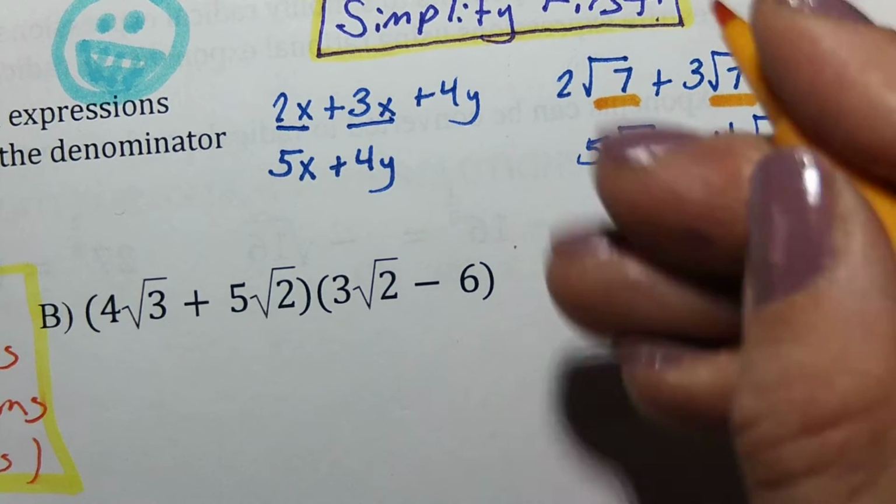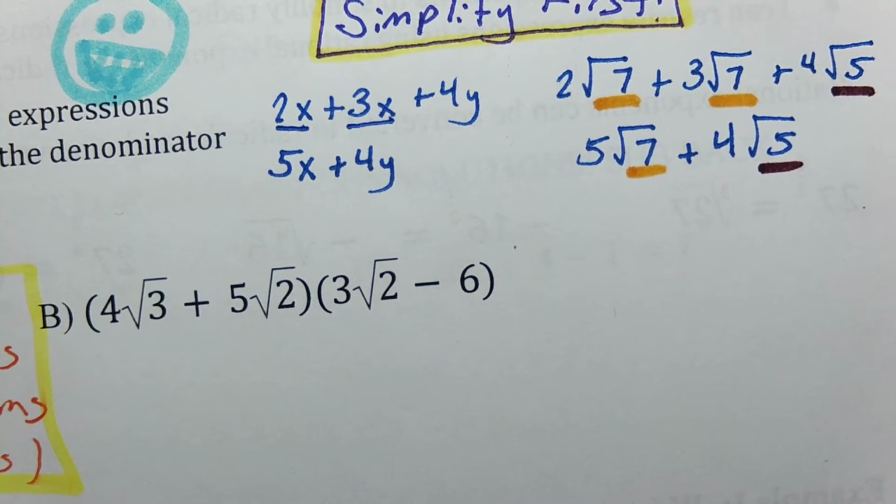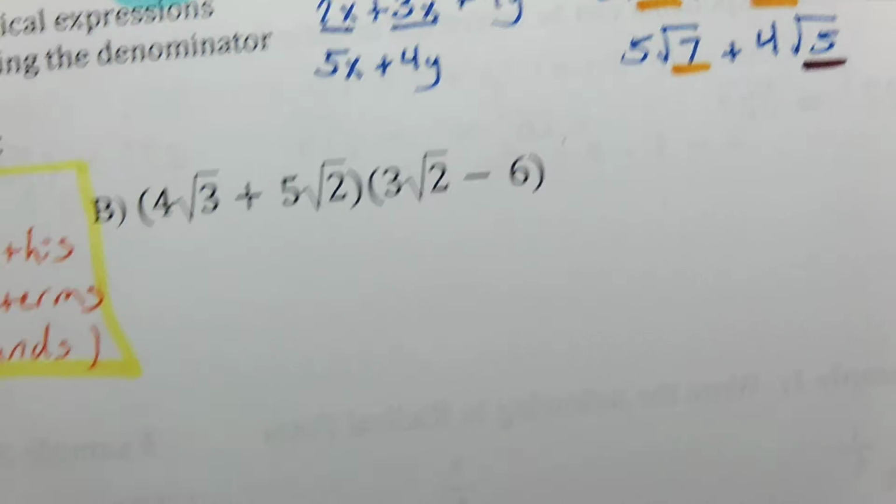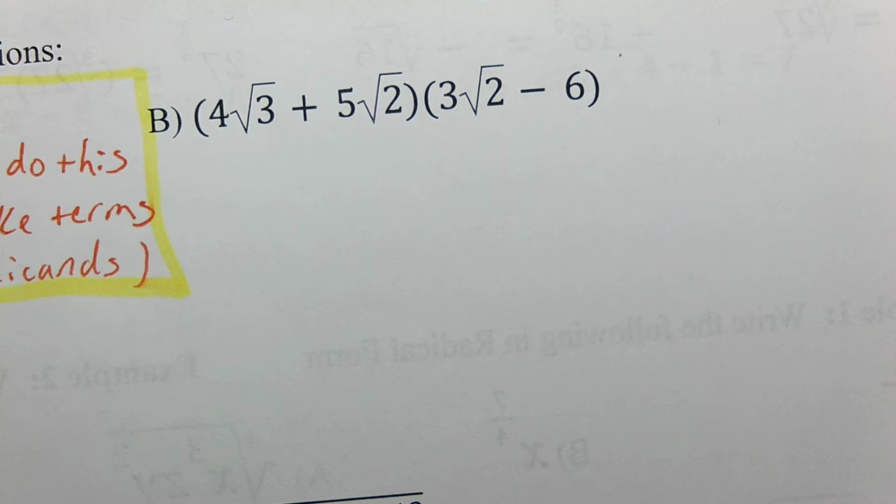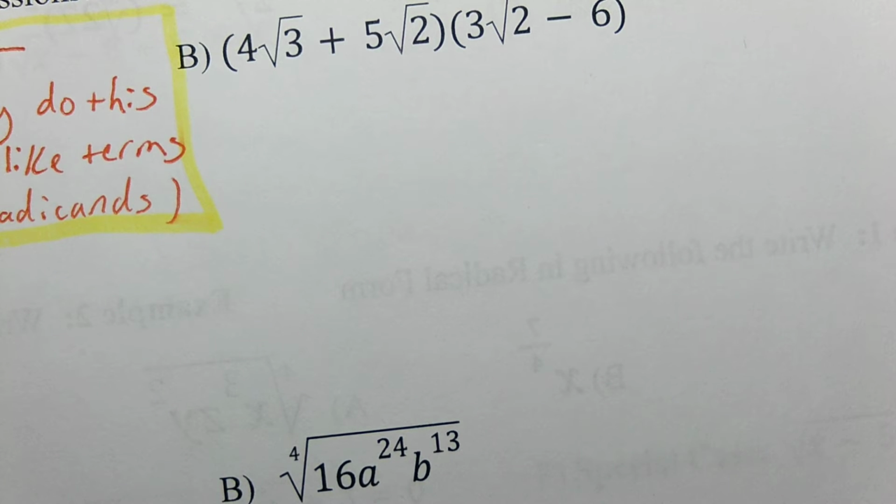So sometimes you'll have binomial or even trinomial expressions. We can only add like radicands, stuff under the radical, together. So let's go ahead and just go into the blue sheet again.